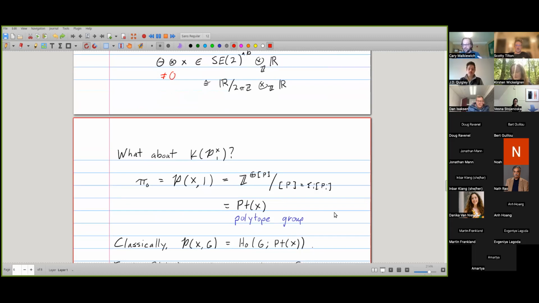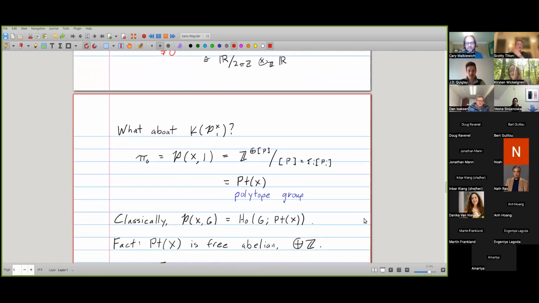Classically, the way that you would actually do this computation is you would cut it up into two pieces. This kind of echoes the theorem that we proved. You would first try to understand this polytope group, and then you would take the covariants, or zeroth group homology. In other words, you'd mod out by the G action, and that would give you your scissors congruence. So what do we know classically about this?